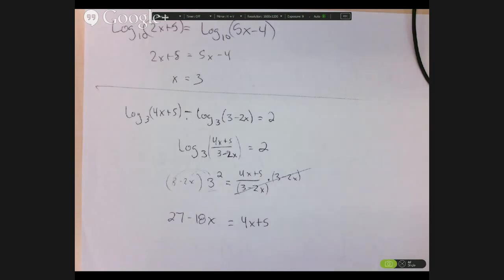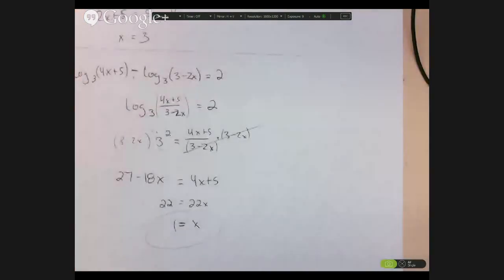Is that something? I got some weird. Yeah, me too. You get 16 over 11. You got 1? Yeah. Oh, yep, that's it. Because I added and subtracted wrong. There you go.